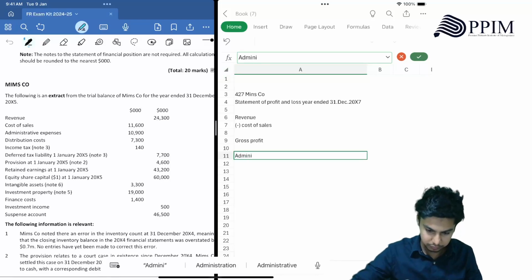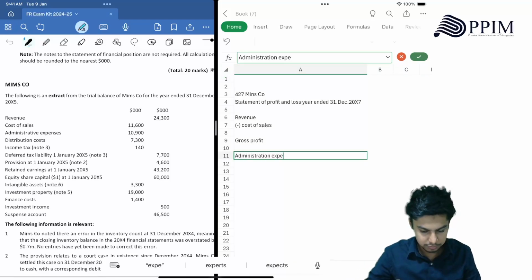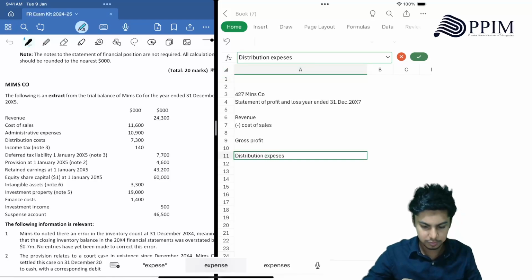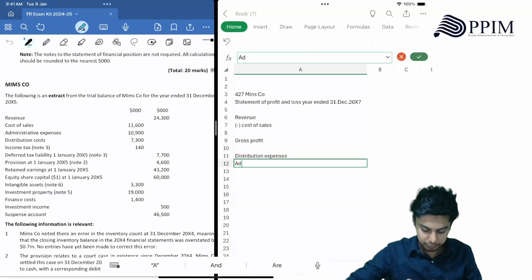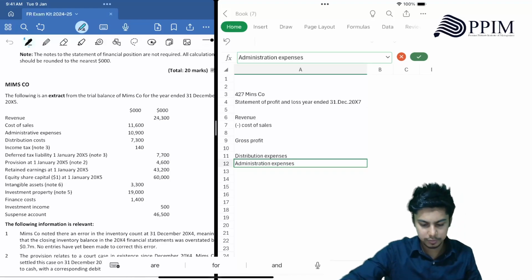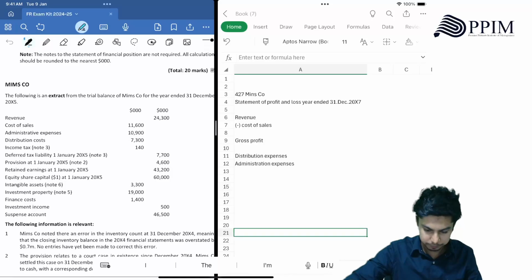Before administration expenses, normally we have distribution expenses. After that we have administration expenses, then we have operating profit.